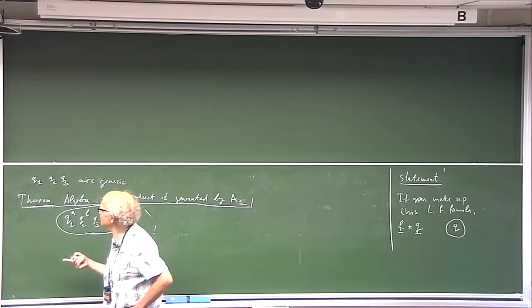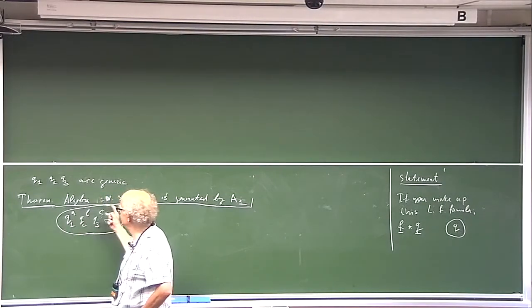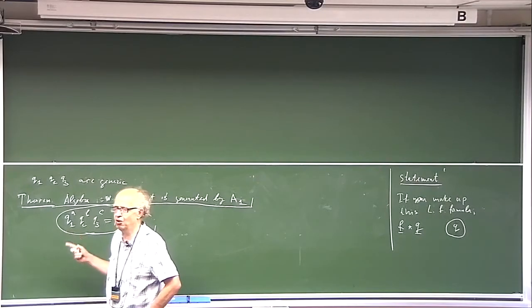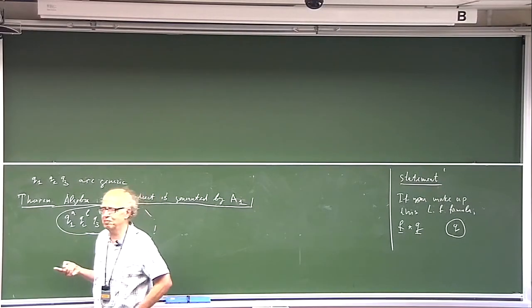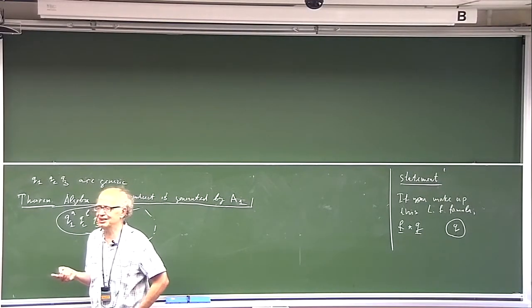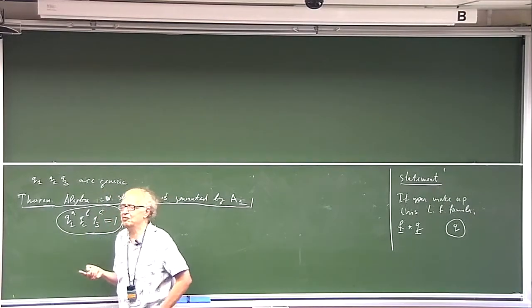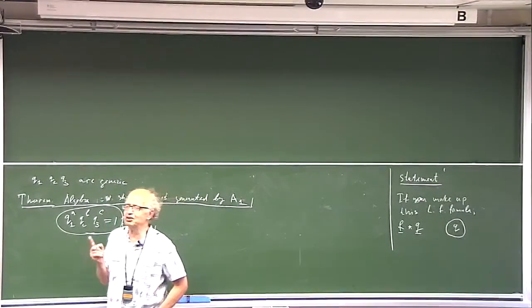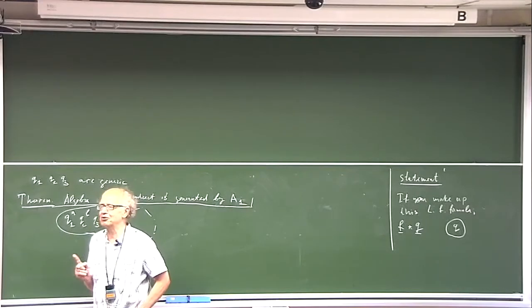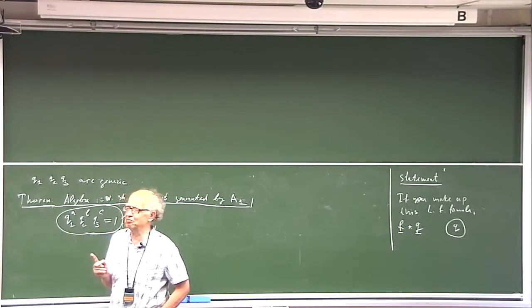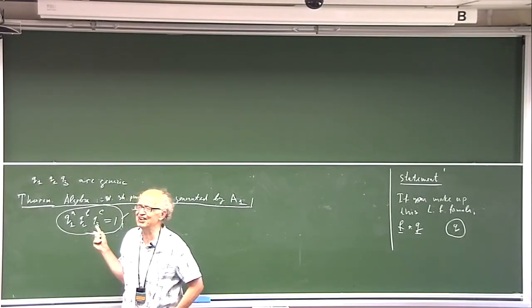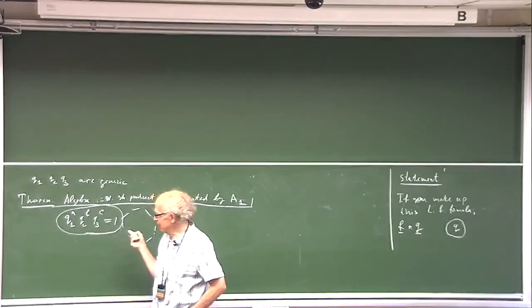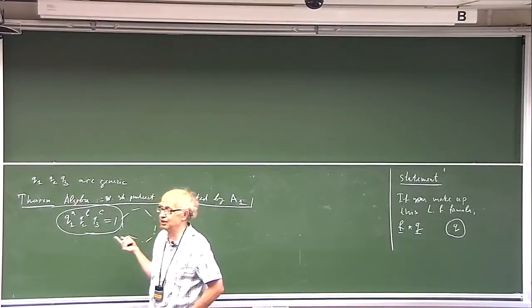Is it true that generic means that no such relations hold? It's plausible. If it is true, it's more clear how to prove it, but I cannot believe that this is true. Anyway, the question is interesting.